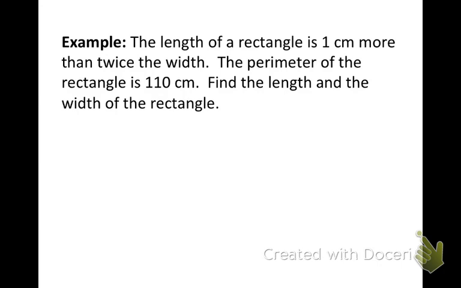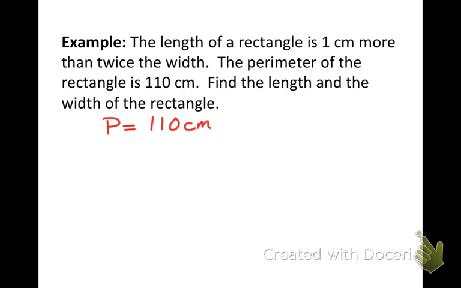Okay. So what do we have? We have length of a rectangle, and we have something about the width. We are given perimeter, so that's important right there. I know that my perimeter is equal to 110 centimeters. That's good to know. All right.